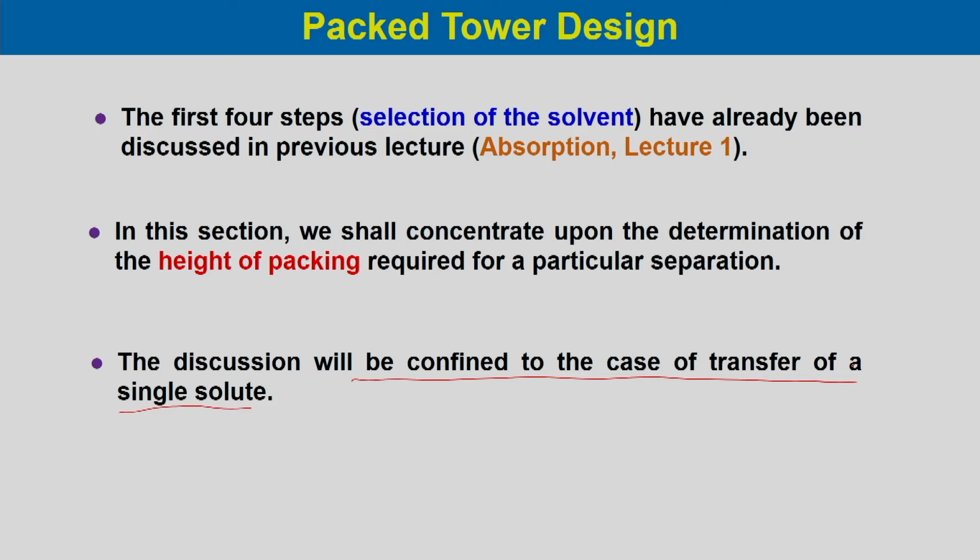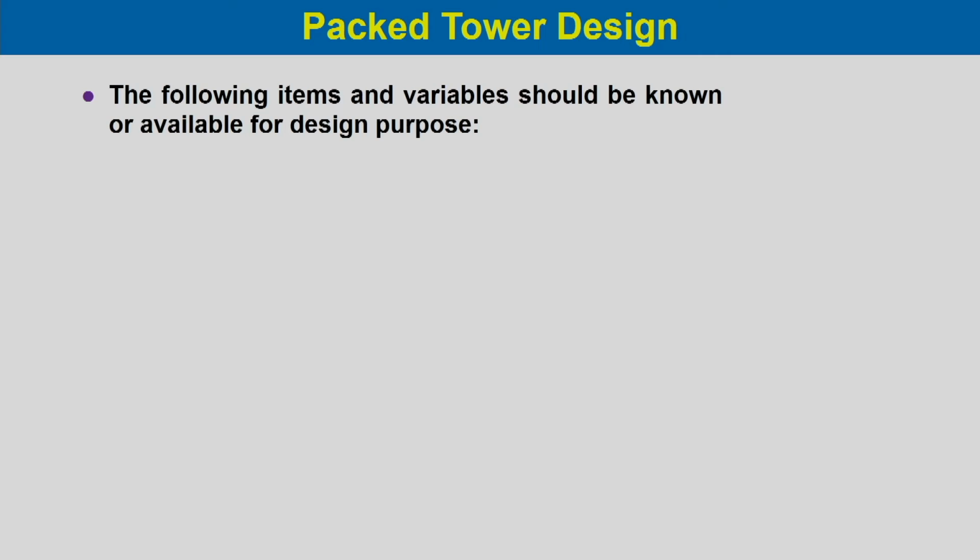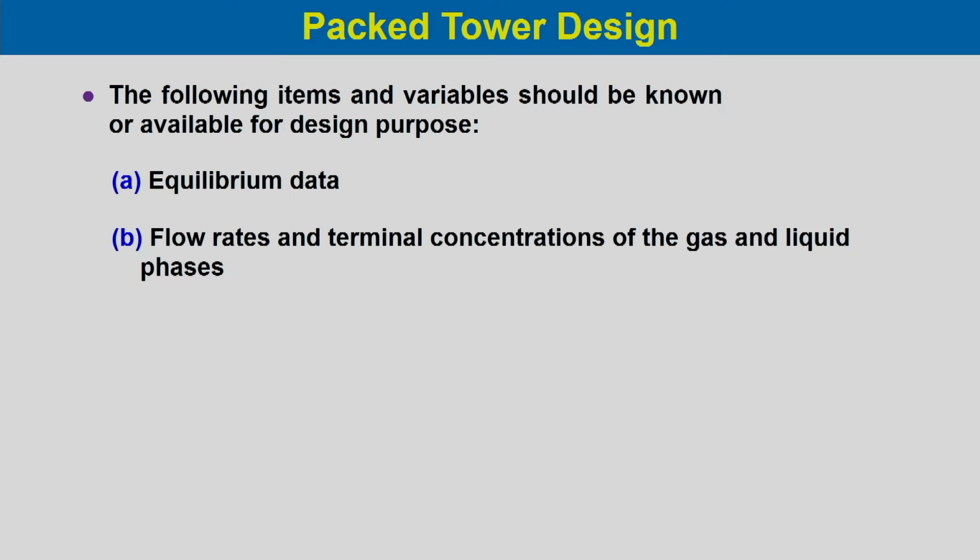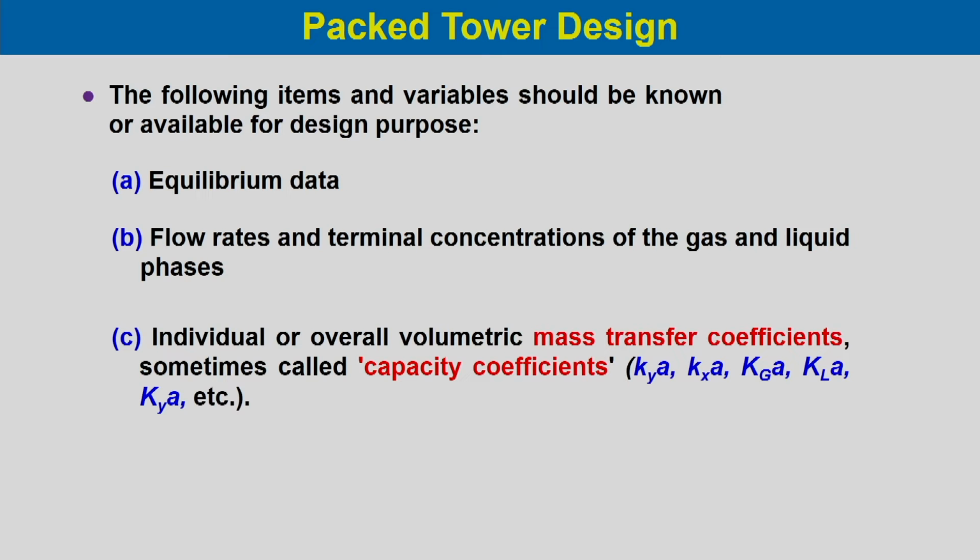Mostly we will consider single solute transfer and how the height of the packed tower is required, that we need to calculate. The following items and variables should be known or available for design purposes. What are those parameters or variables? Equilibrium data should be available with us. The flow rate and the terminal concentrations of the gas and liquid phases should be available.